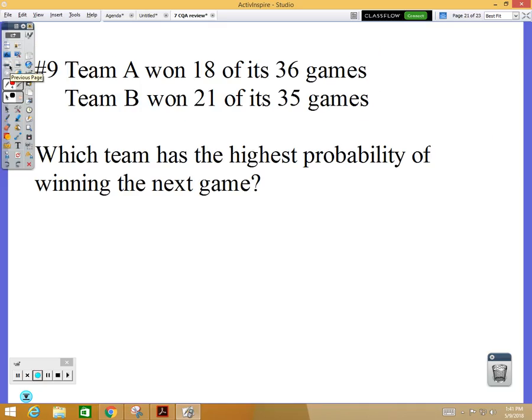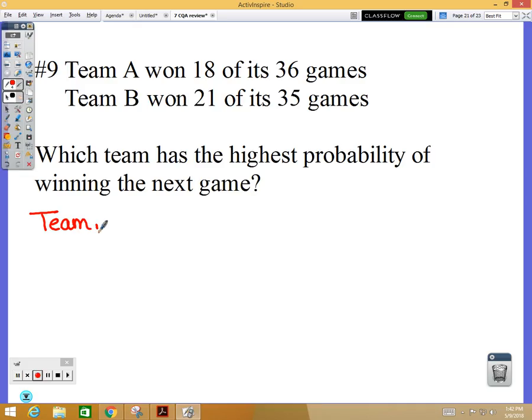So besides just guessing, how can we really find out which team has the highest probability? Besides just guessing, actually finding probabilities. That would be finding the probabilities, right? Yes.